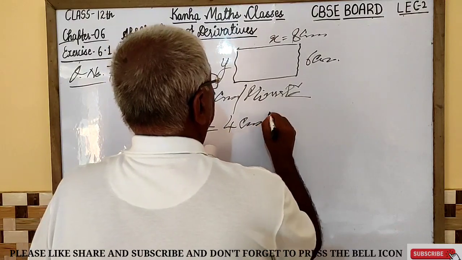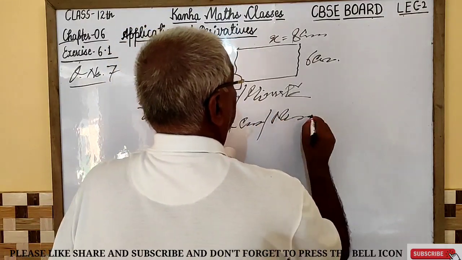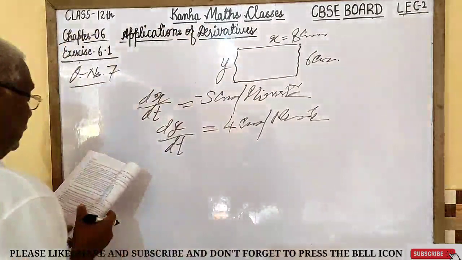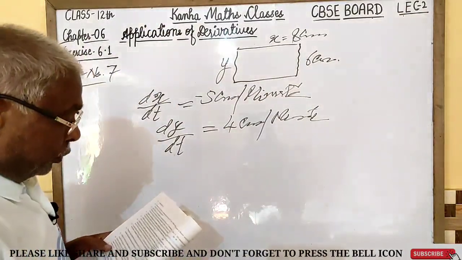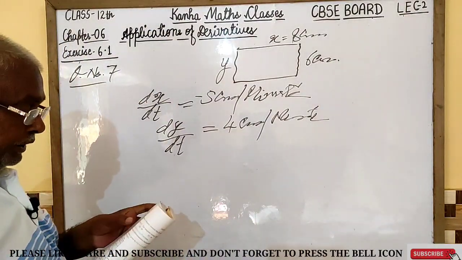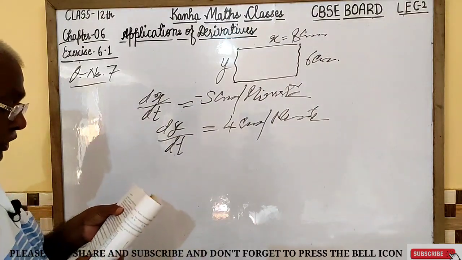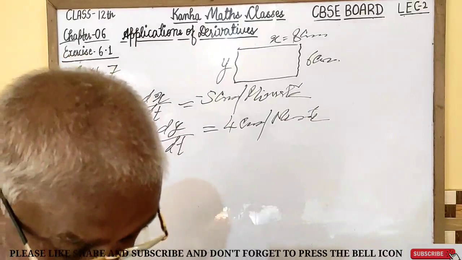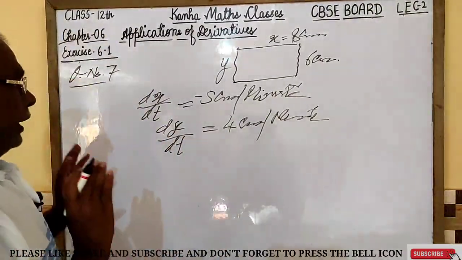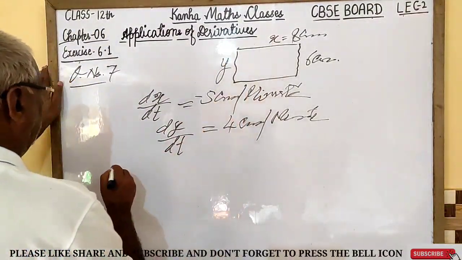So we have to find at what rate the perimeter and the area of the rectangle are changing. Here there are two questions.